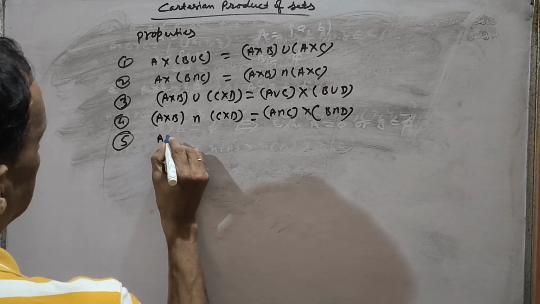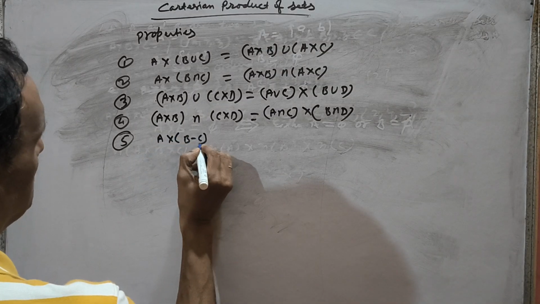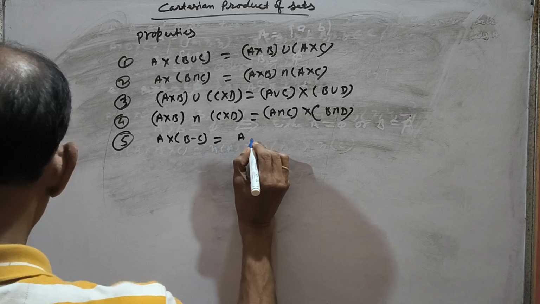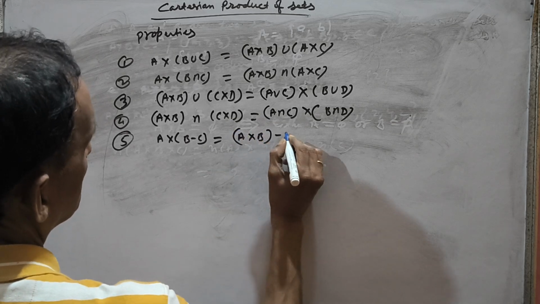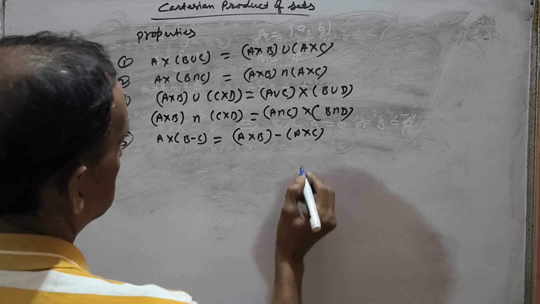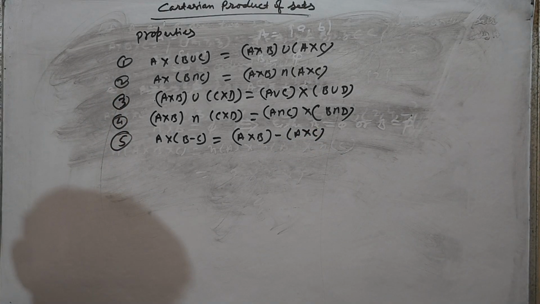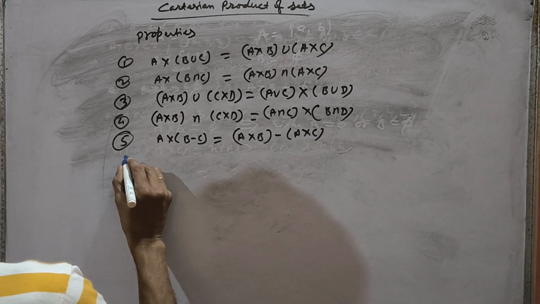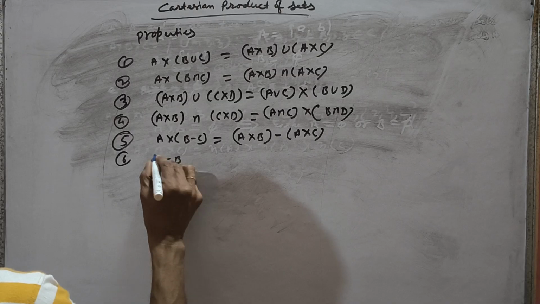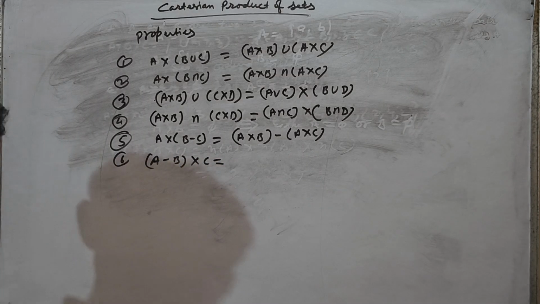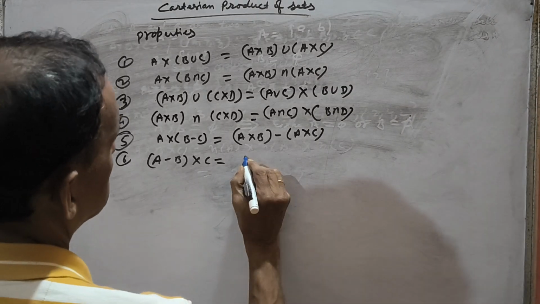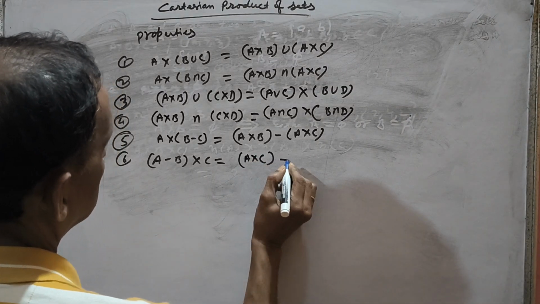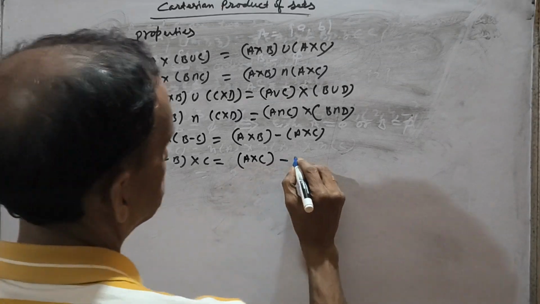A cross (B minus C) is equal to (A cross B) minus (A cross C). Then this also: (A minus B) cross C is equal to (A cross C) minus (B cross C), almost similar only.